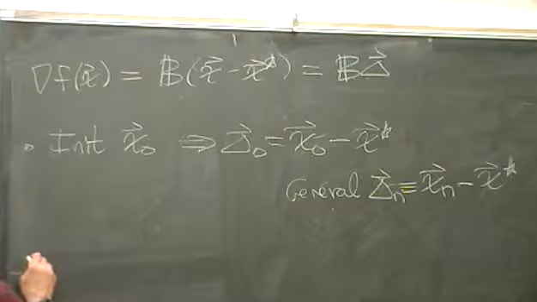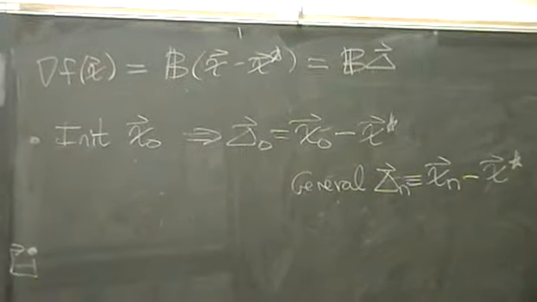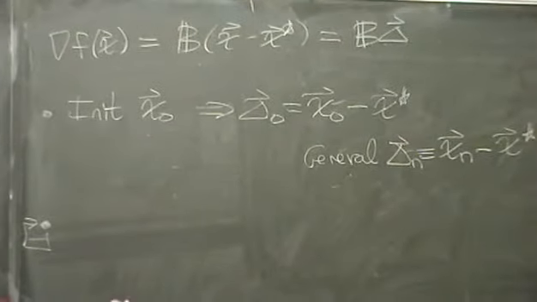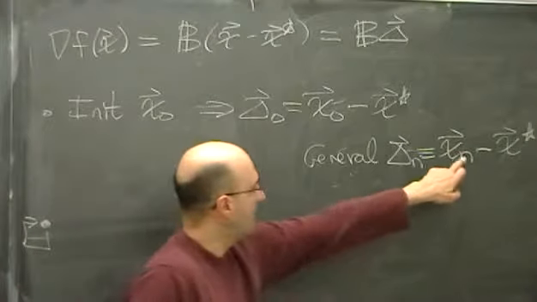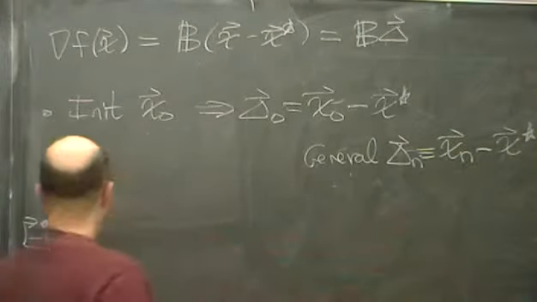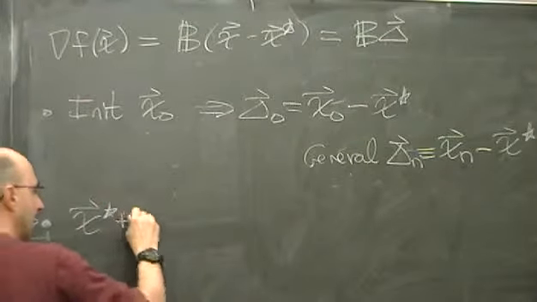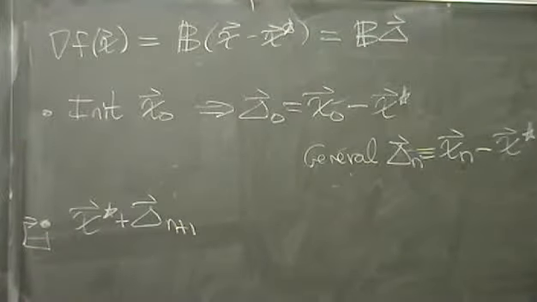Now here's where things get a little more enlightening on the iteration part. In the iteration, I have x_{n+1} equals x_n minus something. So x_{n+1}, from this definition, is just my solution point plus whatever the error is at iteration n plus 1.